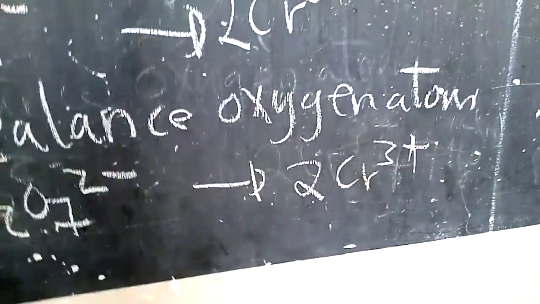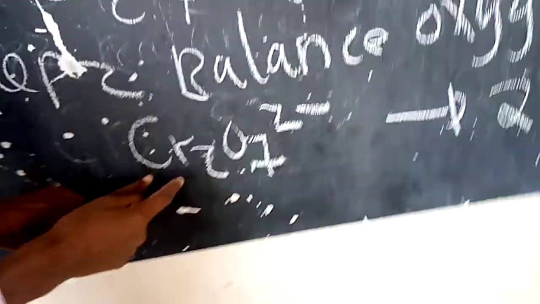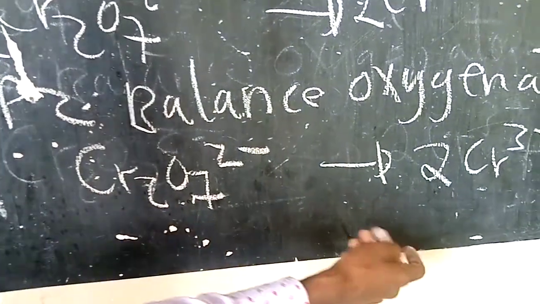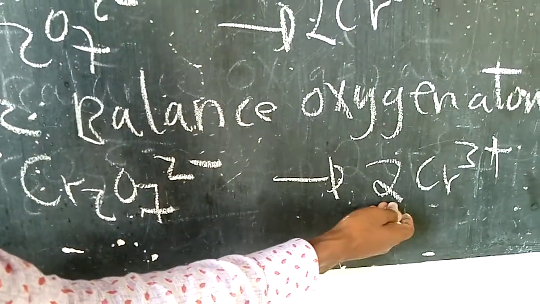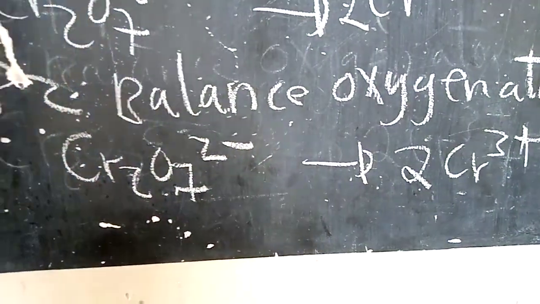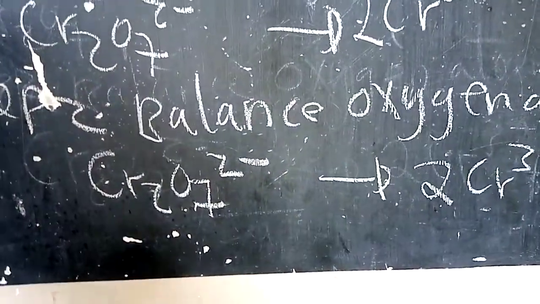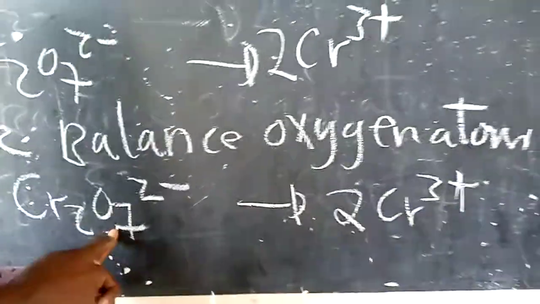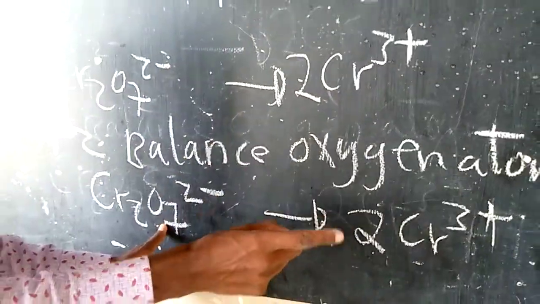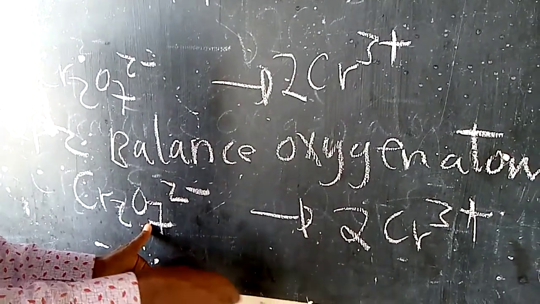Here there are 2 chromium and 7 oxygen in the reactant side, and also 2 chromium in the product side, but in the product side there is no oxygen. So to balance it, we add 7 water molecules to the side where there is no oxygen, or fewer oxygen, which is the product side here.